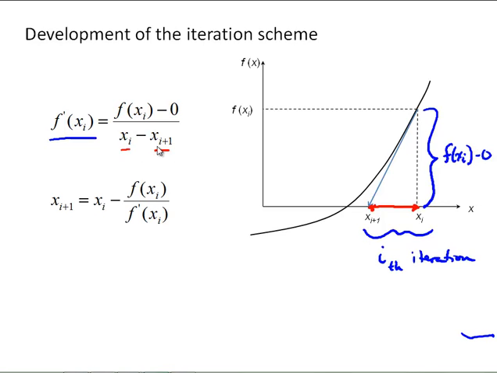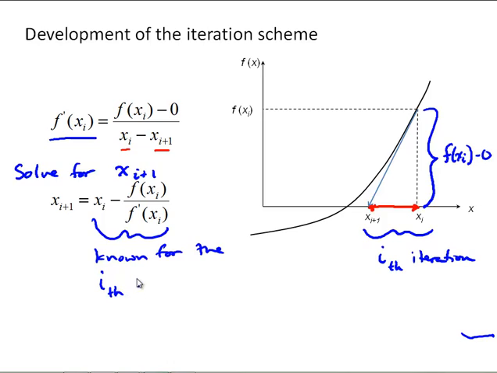So what we'll then do is just solve this equation for x sub i plus 1. Everything on the right hand side is known for the ith iteration, and then we can use that to get our guess for the next iteration.